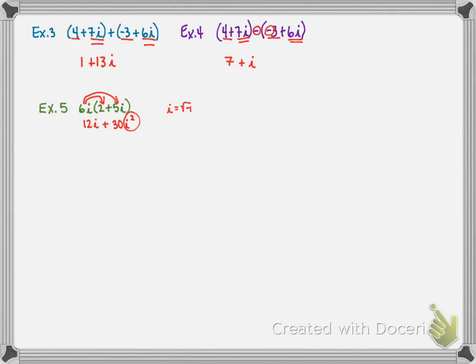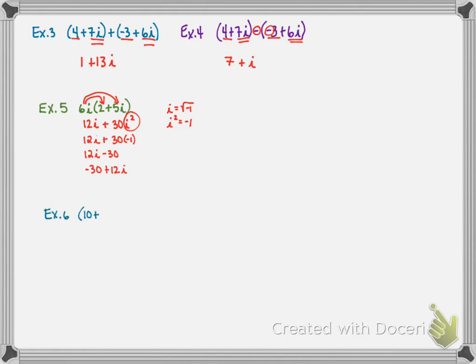Remember, i was the square root of -1, so i squared is -1. So now let's substitute that in. I get 12i plus 30 times -1, or 12i minus 30. And because complex numbers are written with the real part first and then the imaginary, I would normally rewrite this as -30 plus 12i.